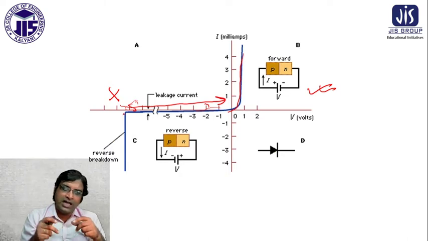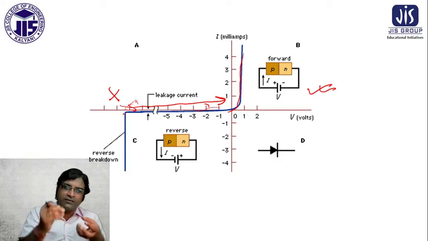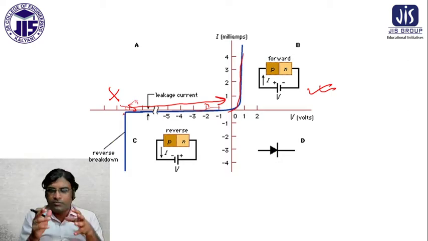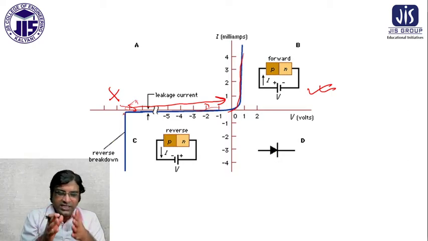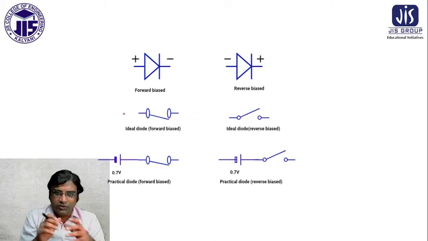Why? Because a huge amount of heat is developed, and for that reason the diode is burned. So this is how we can reduce this voltage. We'll come to this particular matter next.